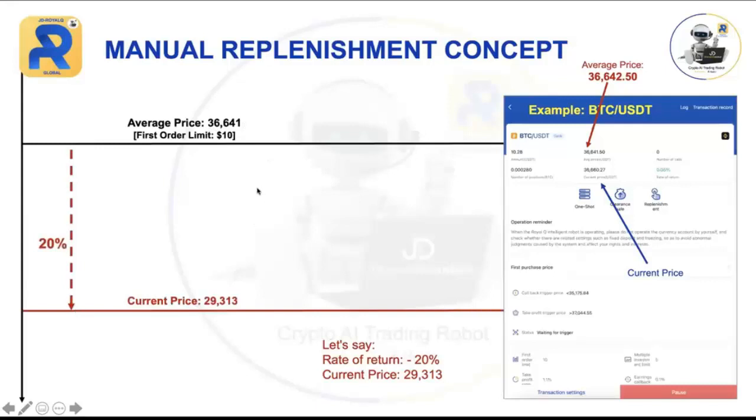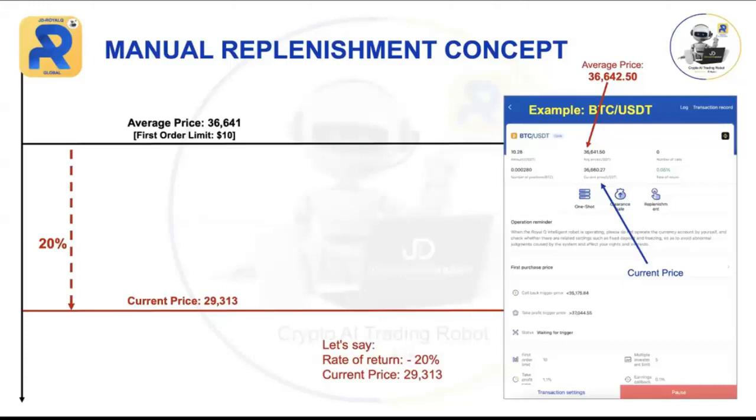You allow the robot to do its work first. That is the reason why, remember, the 40% from the wallet management is for the robot to do the auto replenishment. So the robot does the auto replenishment, but you still have a reserve of another 50% in your wallet management, and now you wait until the market hits, let's say, 15% or minus 20%.